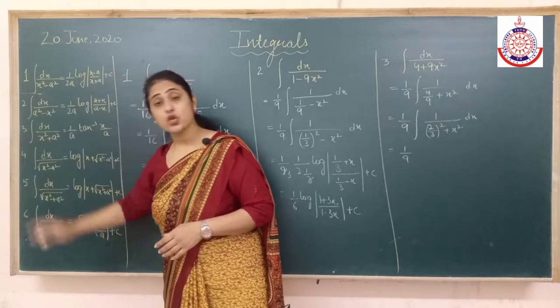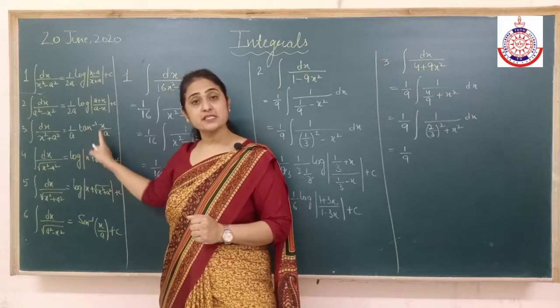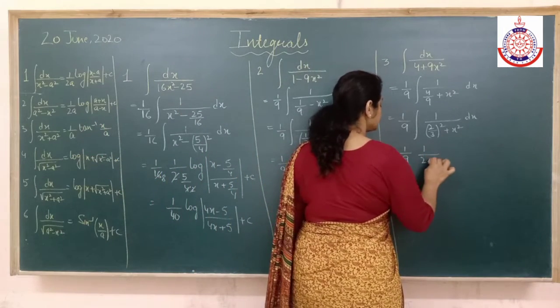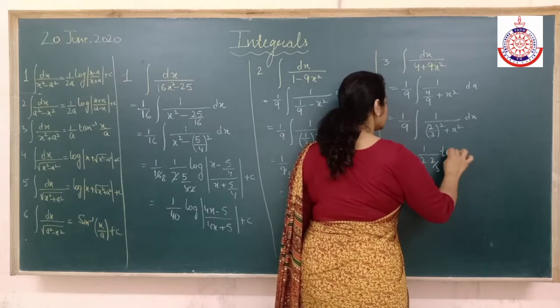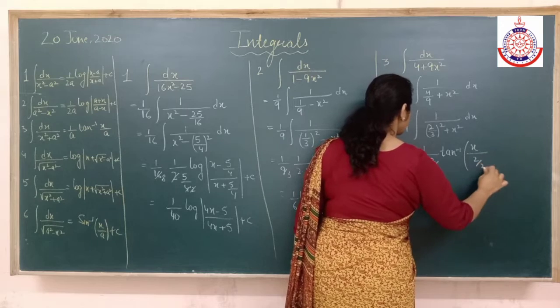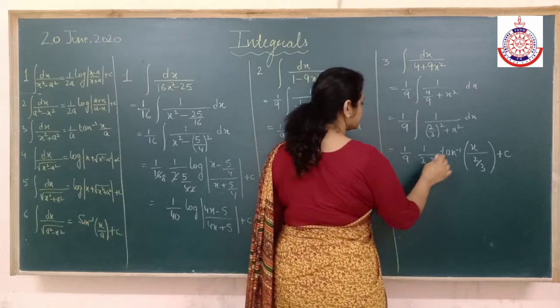So what is the integration of 1 upon x square plus a square? 1 by a tan inverse x by a. So put it here, 1 by a tan inverse x by a.